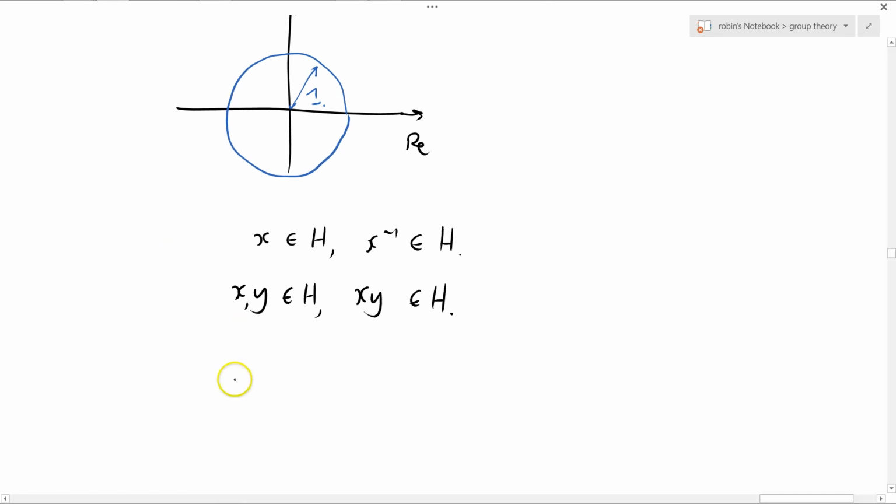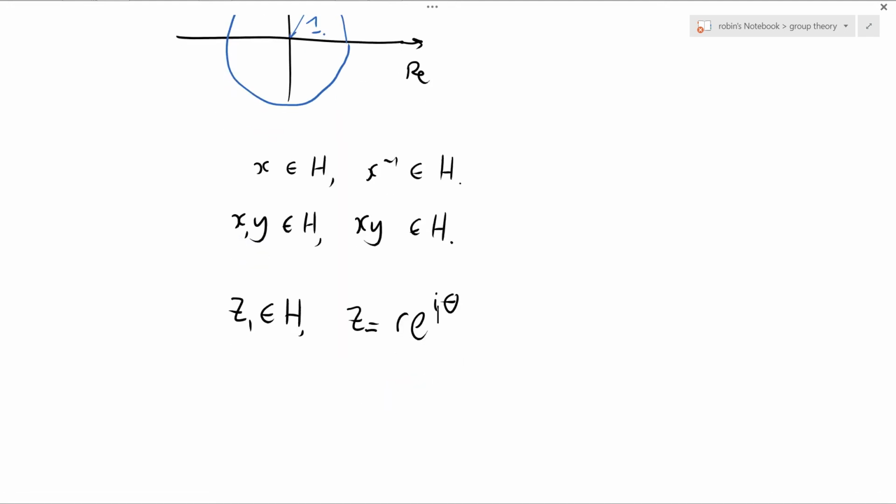So if we talk about Z1, if that's a member of the set H, I'm going back to Z notation here, then the general notation for a complex number is Z equals R e to the i theta, where this is the modulus and this is the argument here.